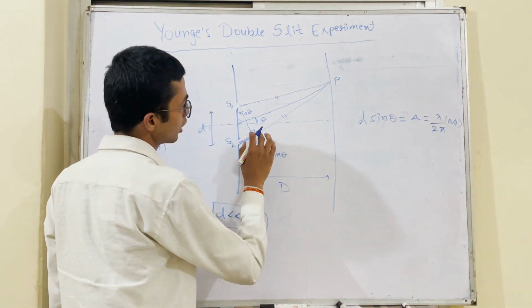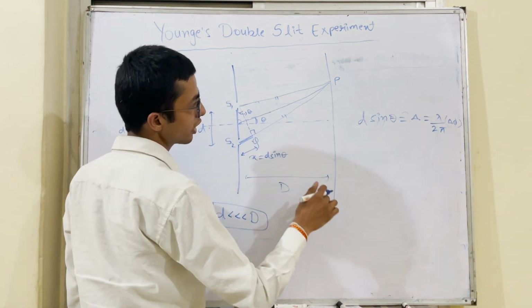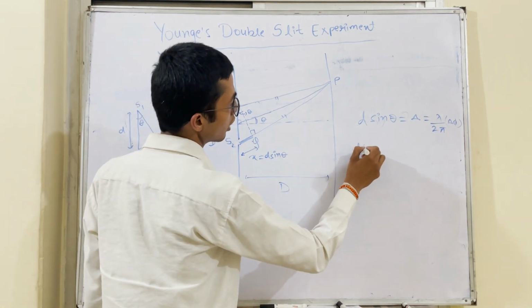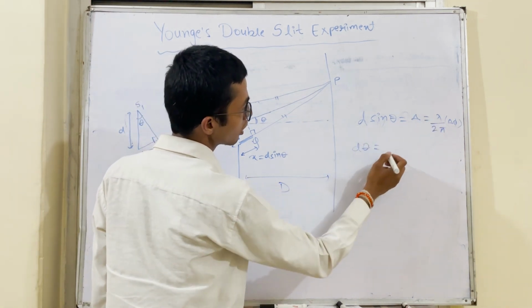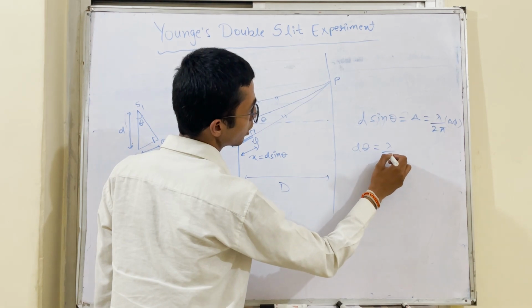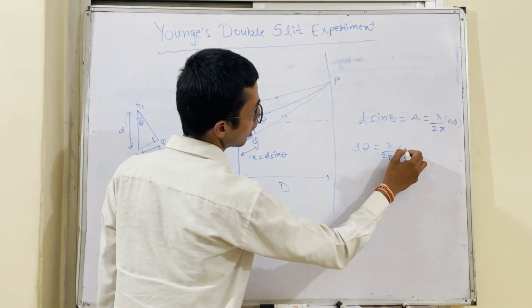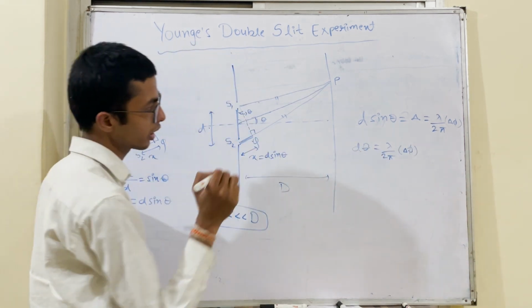If this theta is very small, we can write it as d theta only, that is equal to lambda by 2 pi delta y. Correct.